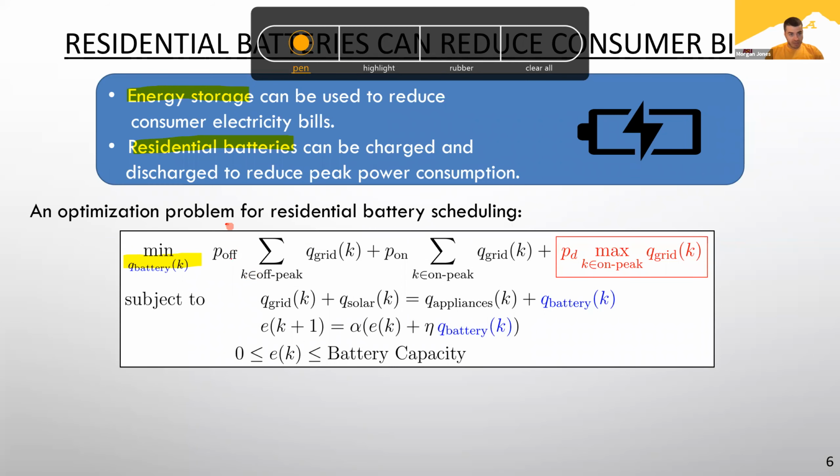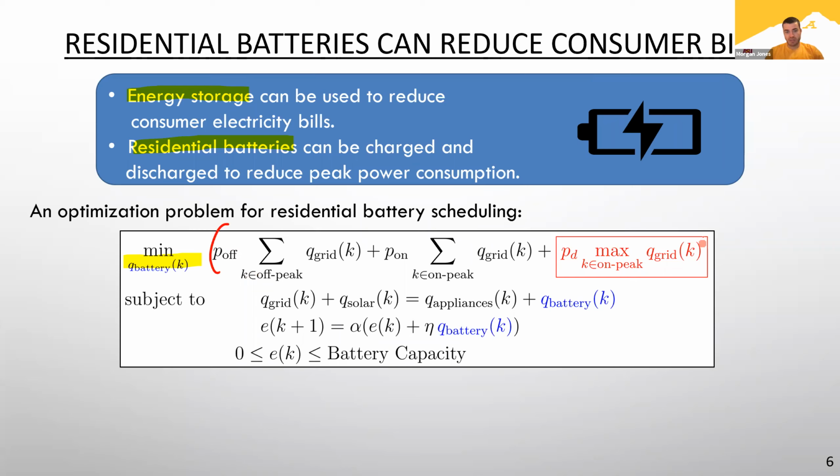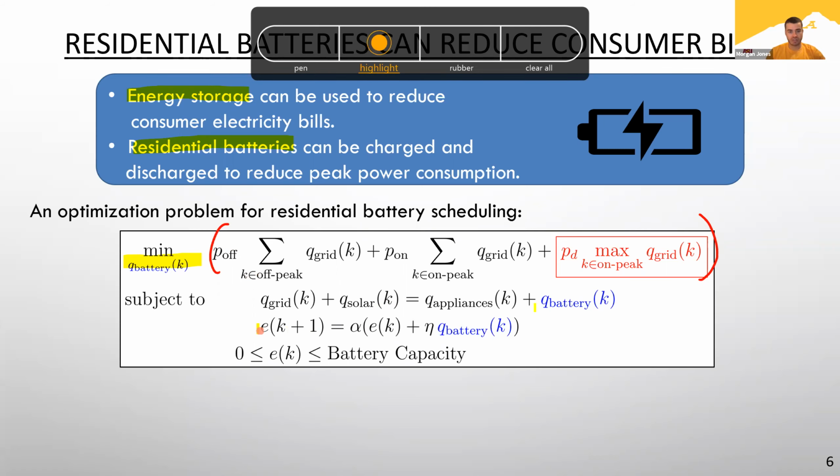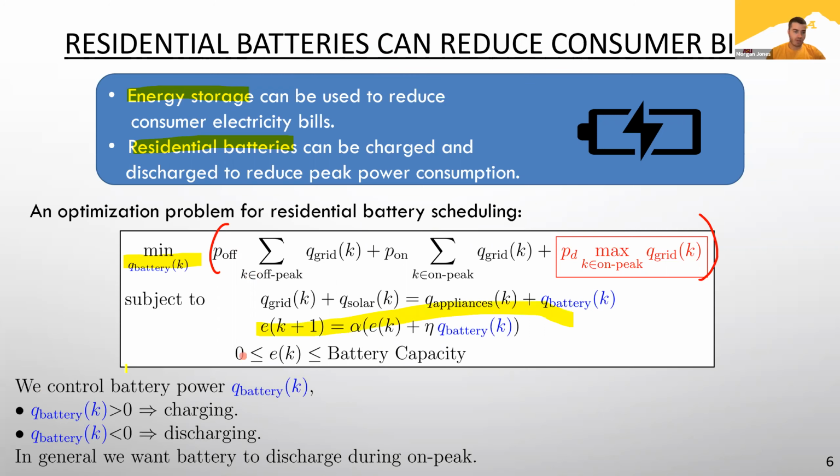And the objective function is just the time of use charge plus the demand charge, which is the electricity bill for the customer. And the constraints are the battery constraints. So if Q battery is greater than 0, that means the battery is charging, and if it's less than 0, that means the battery is discharging.